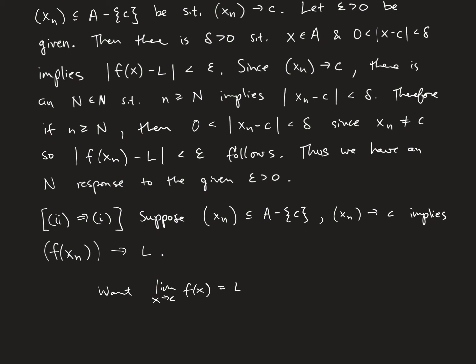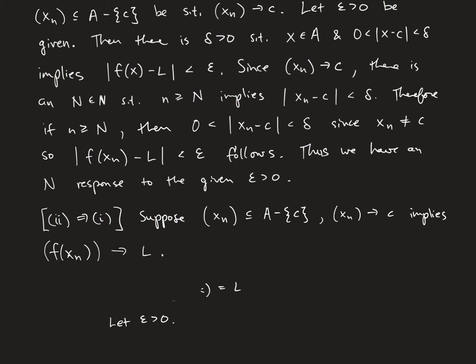So that is, we need to let epsilon be greater than 0, and we need to show that there's an appropriate delta response. So it's not very obvious where that delta should come from based on the information given, right? We just have a bunch of sequences. How we're going to cook up that delta is not really clear. So the way forward is to consider a proof by contradiction.